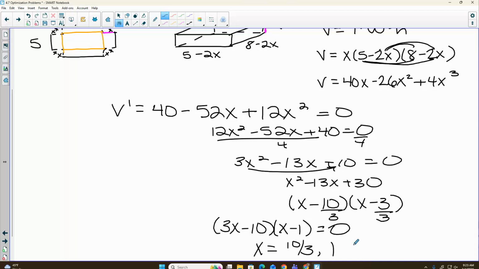So that gives me 10/3 and positive 1. Are both of those possible?